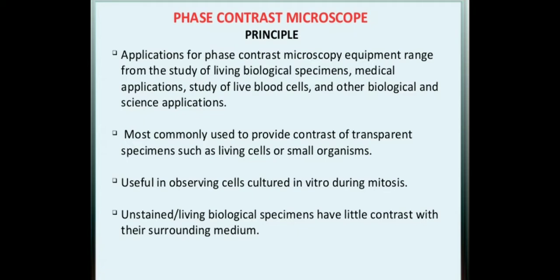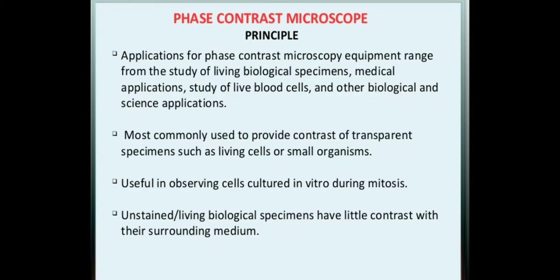Most commonly used to provide contrast of transparent specimens such as living cells or small organisms. Useful in observing cells cultured in vitro during mitosis. Another application is on stained living biological specimens, which have little contrast with their surrounding mediums.